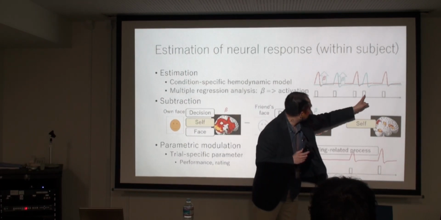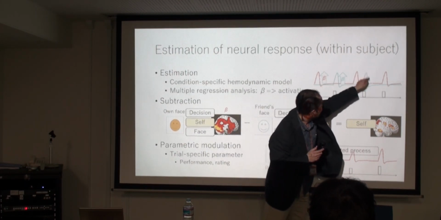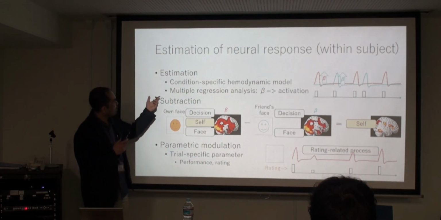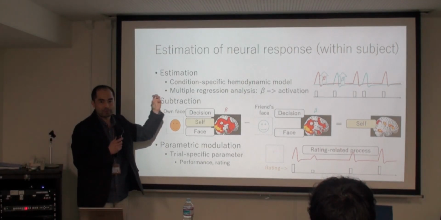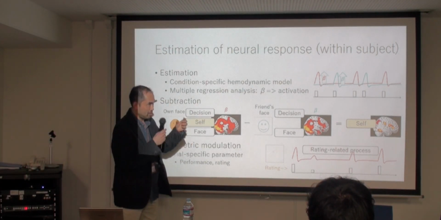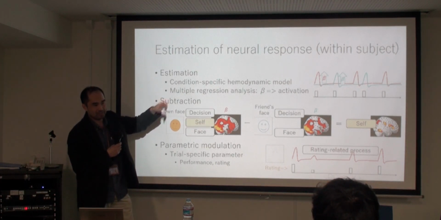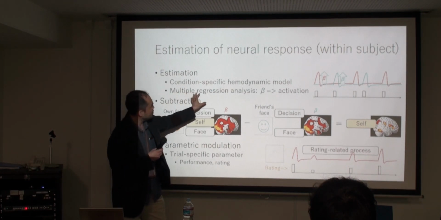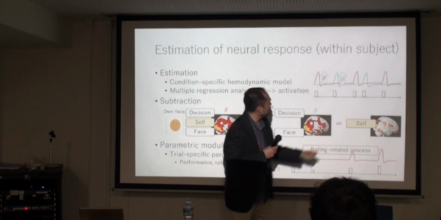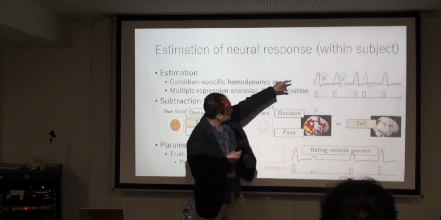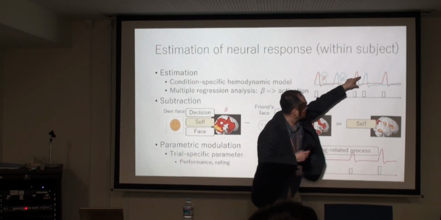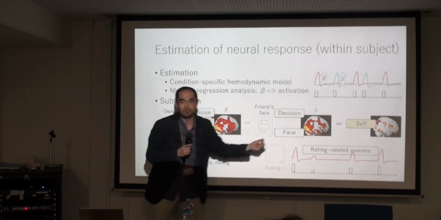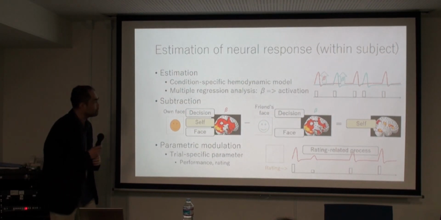Here it should be blue, and this is a model for the blue condition. And we run multiple regression analysis in each voxel of the data. A voxel is the smallest unit of the image, like a pixel. In each voxel, we run multiple regression analysis using these models, and we can estimate the height of this response. So this height is what we call activation in our analysis.